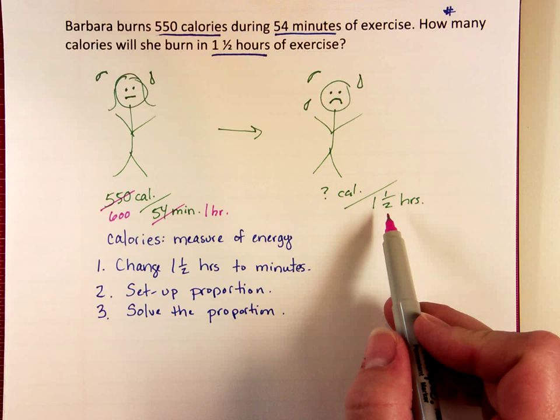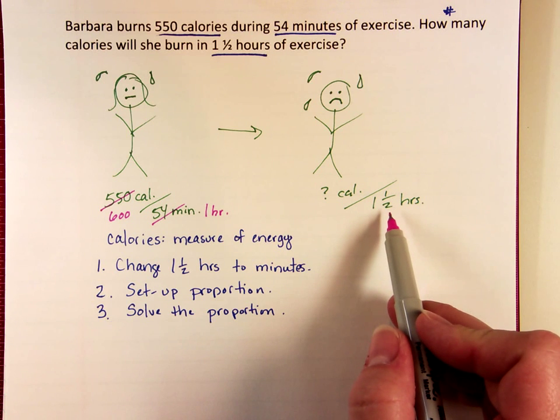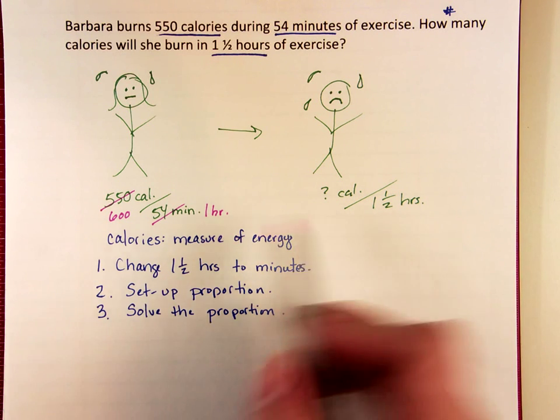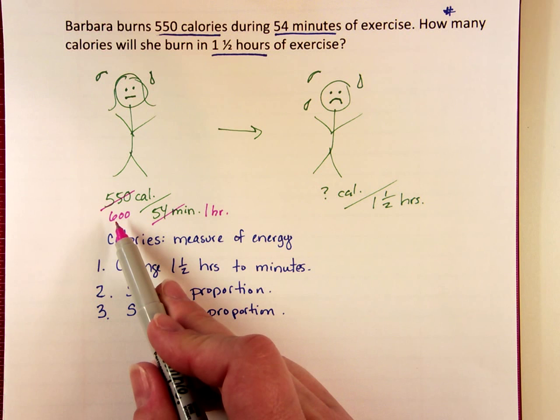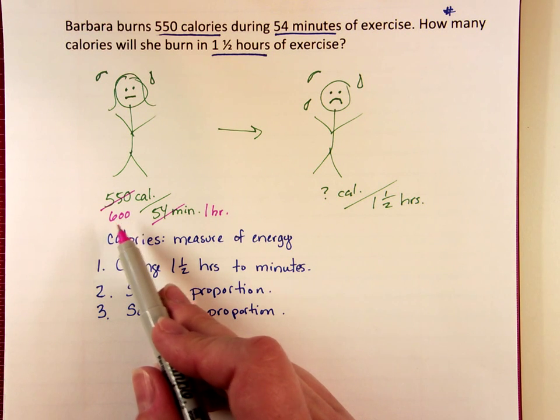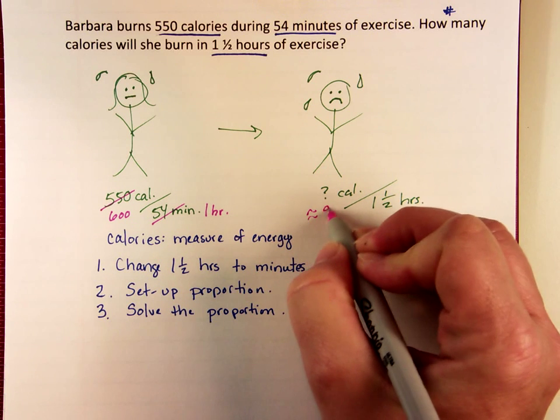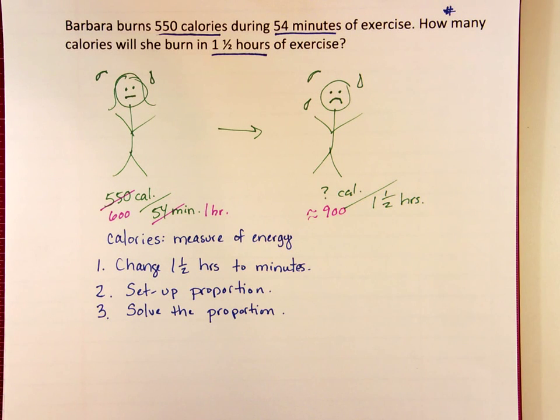She's going to be exercising an additional half an hour, so another half of that hour. So she's definitely going to burn 600 calories for the first hour. For a half an hour, it would be half of 600, or 300. 600 plus 300 is 900. My estimate is that she's going to burn around 900 calories in 1.5 hours.